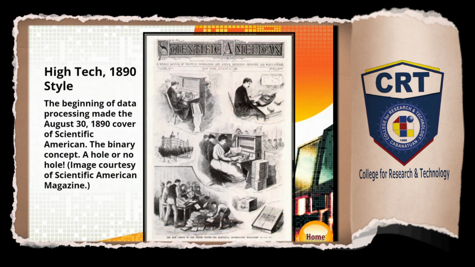So this is high tech in 1890s style. The data processing began on August 30, 1890, covered by Scientific American. So it's more on the binary concept, a hole and no hole.